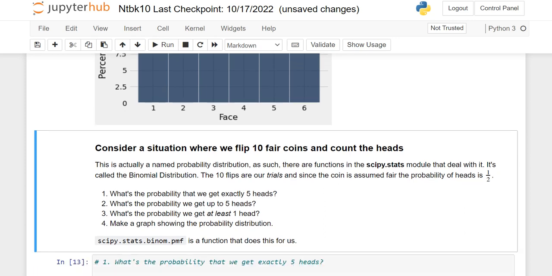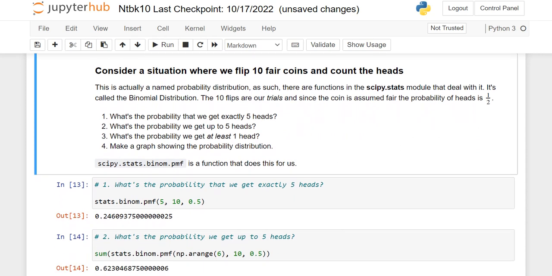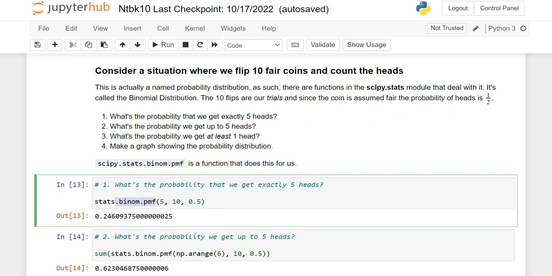And now we're going to talk about a situation where we flip 10 fair coins and count the heads. And so let me show you what's going on with this. We're using another method. And you'll notice that it's in the scipy.stats package.